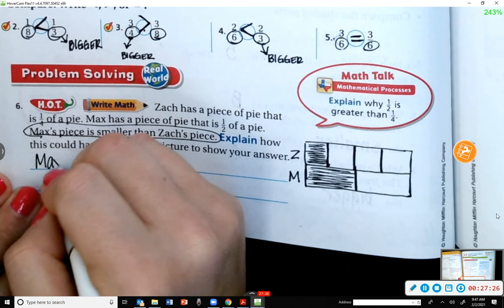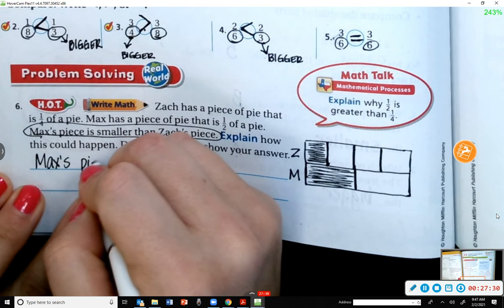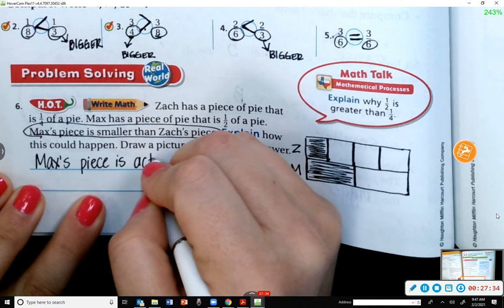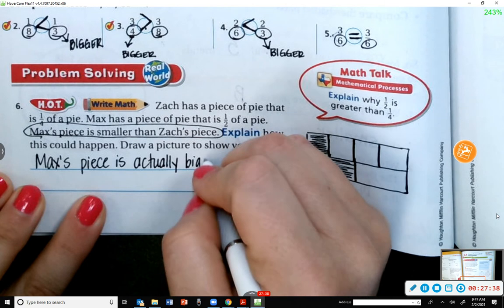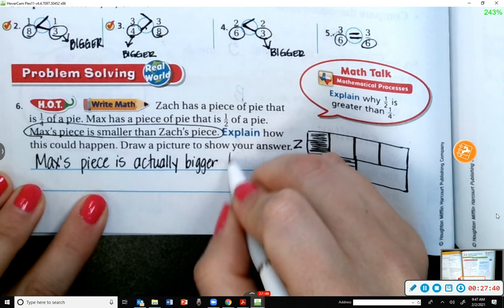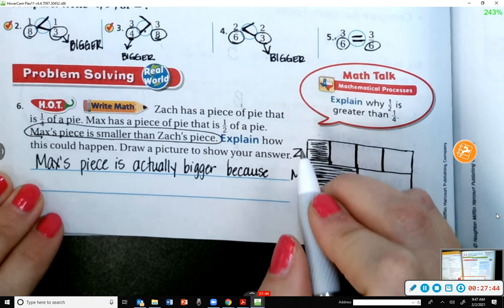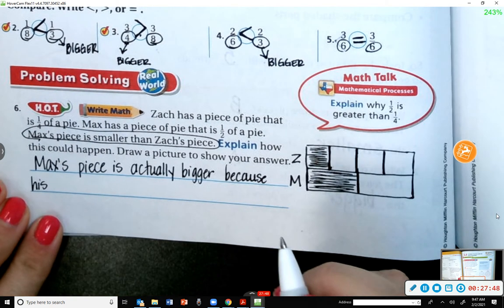Max's piece is actually bigger because his pie is only cut into 2.